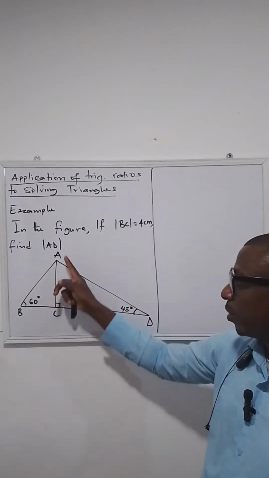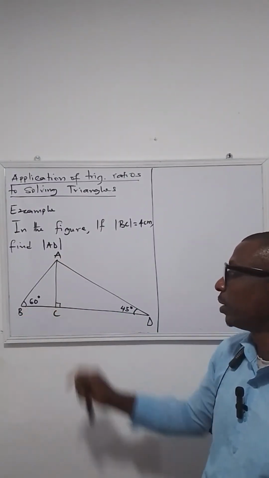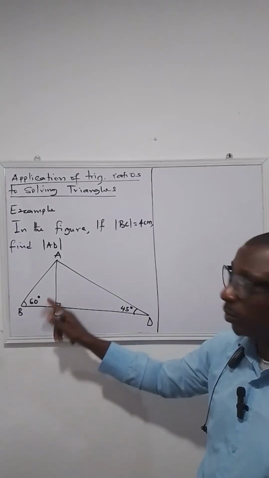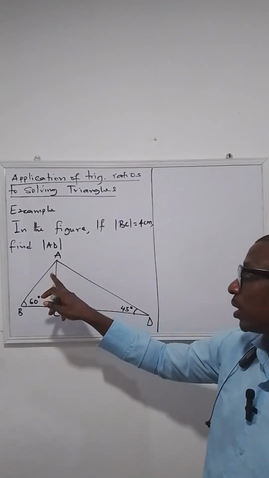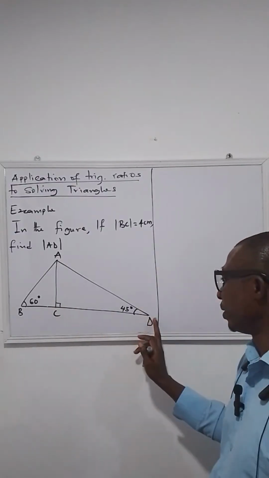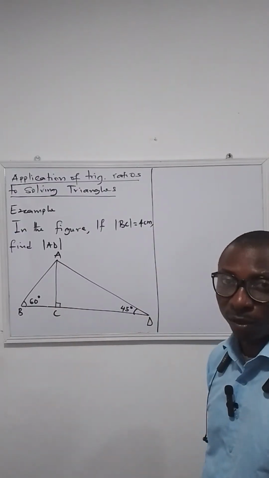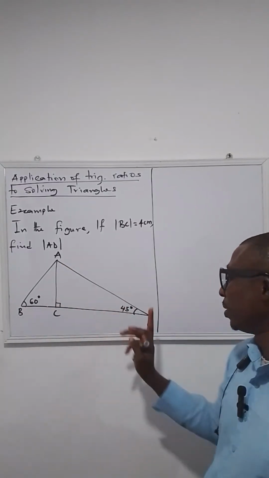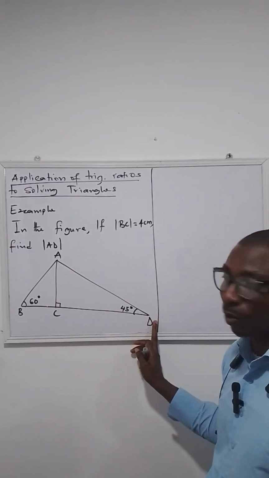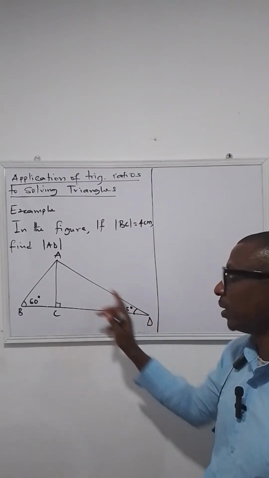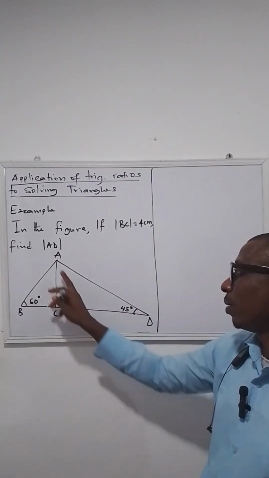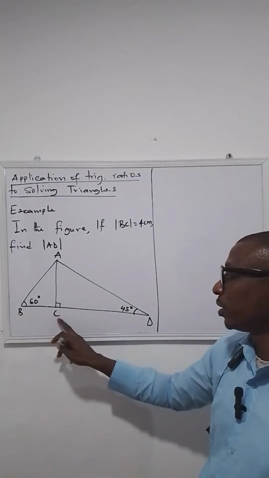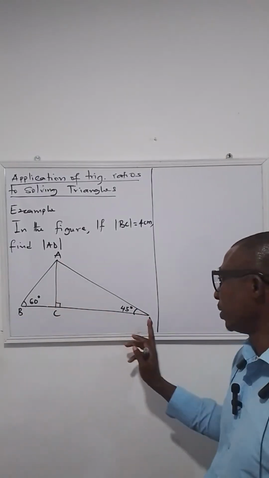We can see triangle ABC, which is a right angle triangle. We can also see another right angle triangle, triangle ACD, and another one which is not a right angle triangle, triangle ABD. We are not so much interested in triangle ABD. So we are looking at triangle ABC and triangle ACD.